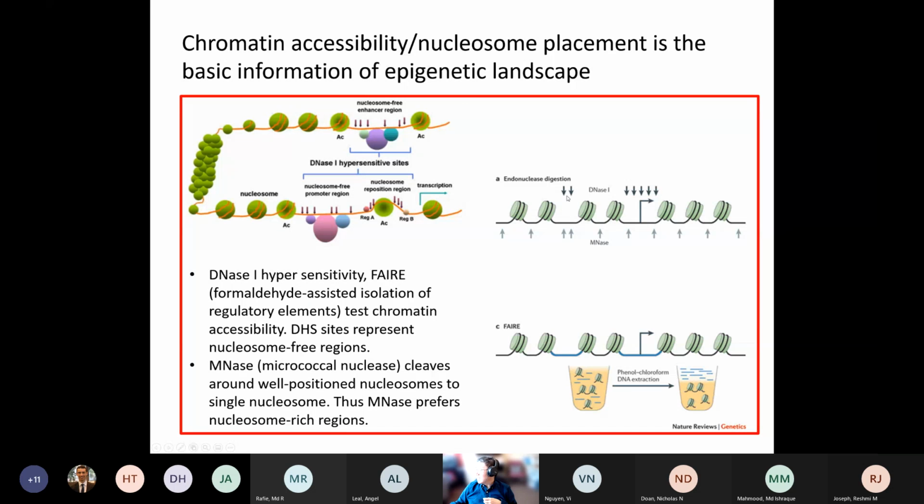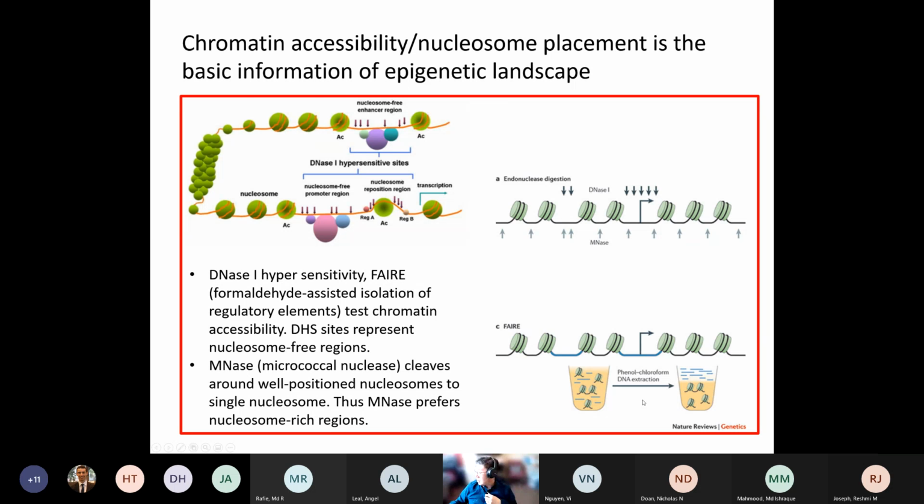It's not as compact as here. You have relatively open space, and here you have wider open space. So DNase-1 prefers to digest right there when you don't have nucleosome. So DNase-1 can help you to identify the open region. That's all I want to say.